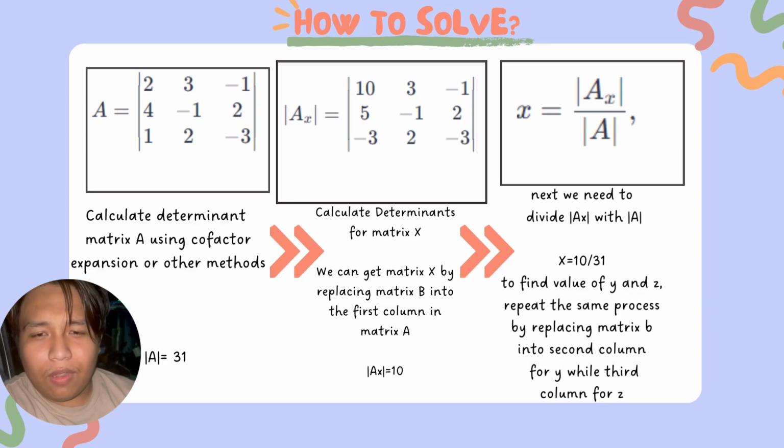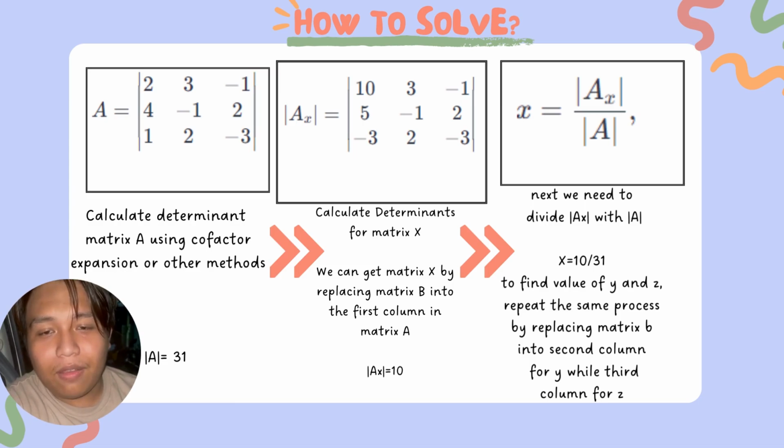How do we find it? We replace the first column of matrix A with matrix B, and then we get the new matrix, which is matrix AX. For this question, matrix AX is 10, 3, negative 1, 5, negative 1, 2, negative 3, 2, negative 3. After we calculate the determinant of this matrix, we get the value of 10.